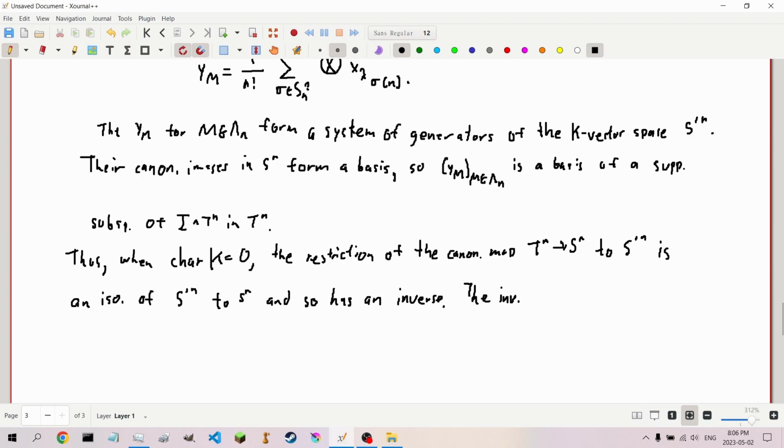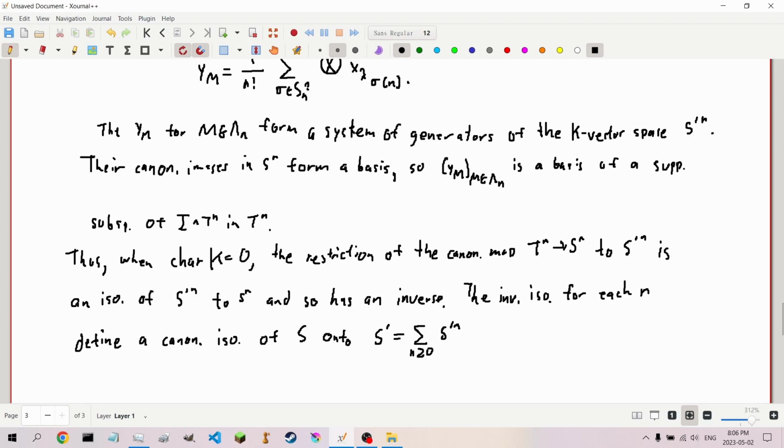The inverse isomorphisms for each such n define a canonical isomorphism of S onto the space S prime, equal to the sum of each such S prime n, of symmetric tensors.